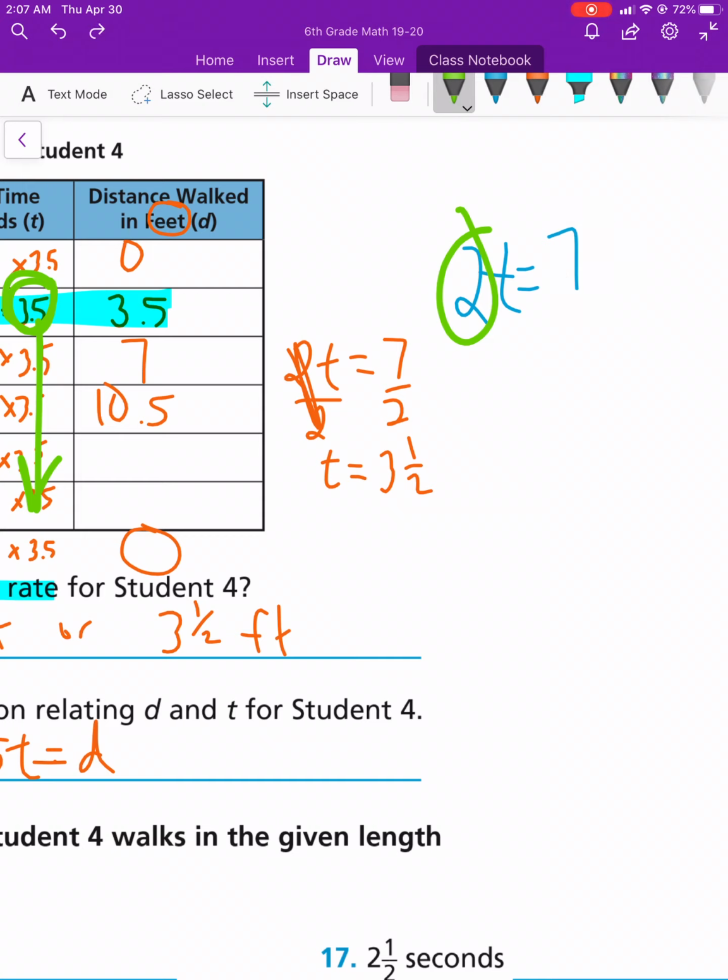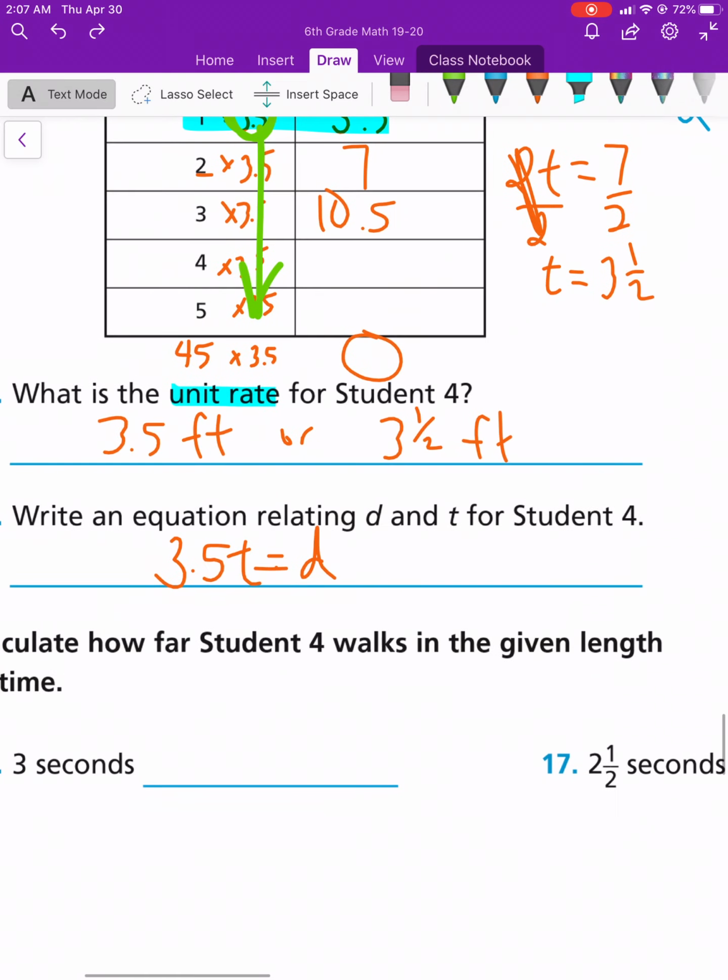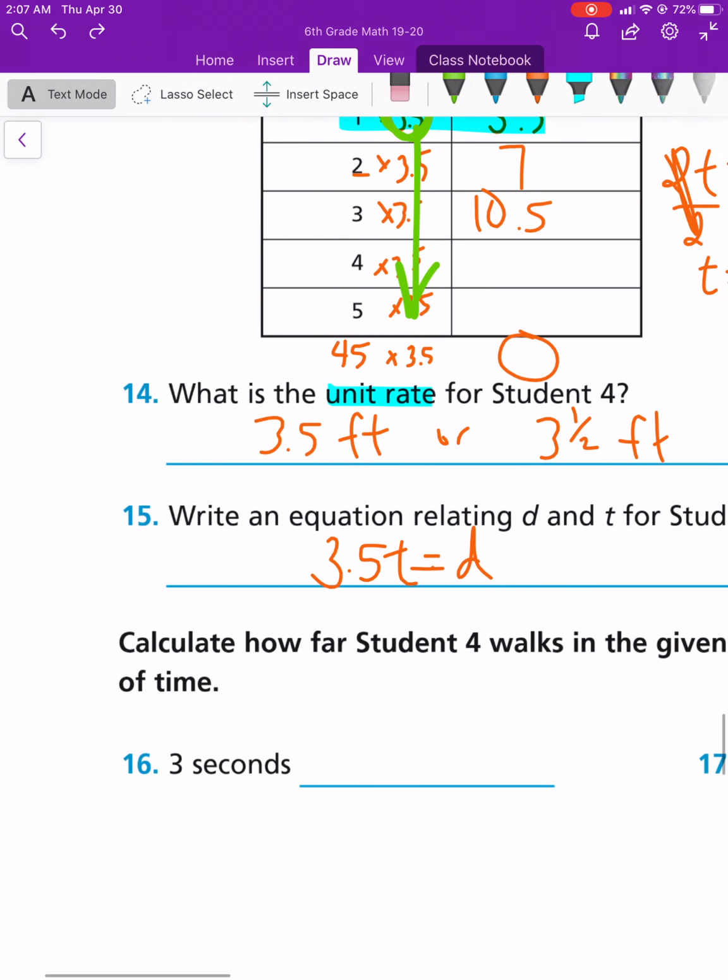But that will not get us our unit rate. We want this to be 1t or 1d. And right now this is 7. D equals 7. I don't want that. I want what times t is equal to d. And so I need to do 3.5t is equal to d.